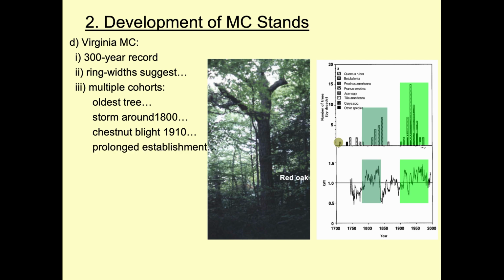The cohorts establishing after 1800 and 1910 both show a prolonged establishment occurring over several decades that corresponds to the time that the forests remain more open, as evidenced by this tree ring width. With this study, these researchers realized that this specific stand was certainly a multi-cohort stand instead of a transitional old growth.